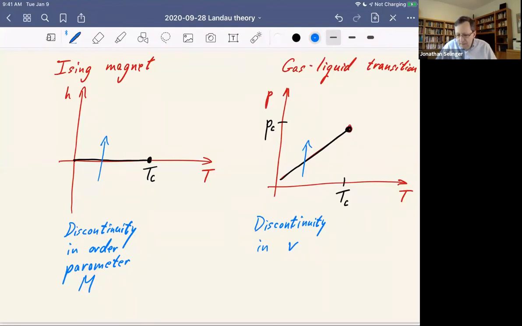So similarly with the Ising magnet, there is no coexistence if you work at constant field and constant temperature, but there would be if you work at constant magnetization and constant temperature. Now, it's harder to work with constant magnetization than with constant field.